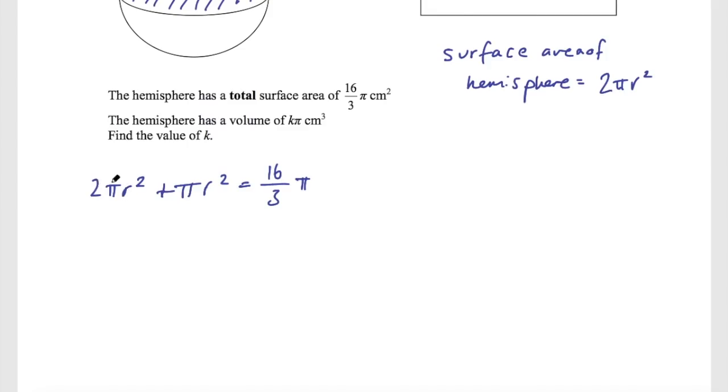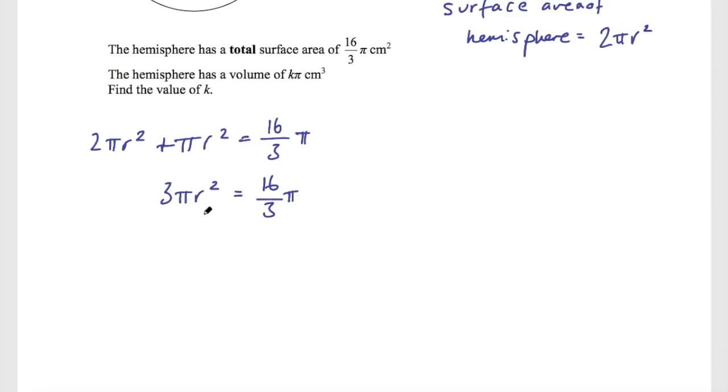Okay, so here we have 2 lots of pi r squared plus 1 lot of pi r squared, so that's going to be 3 pi r squared equals 16 on 3 pi. And we have a pi on both sides, so I can cancel those out. And multiply the left-hand side by 3 to get rid of this fraction here. So I'll get 9 r squared equals 16.